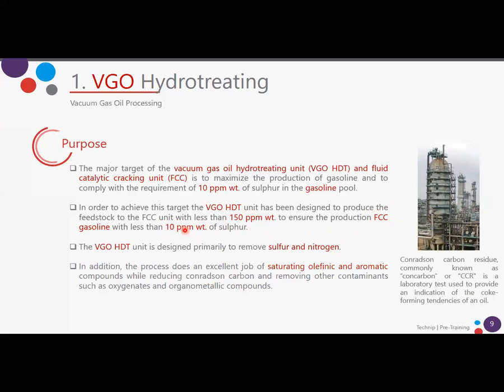So it can go to the gasoline pool without any problem. Okay, we will also remove nitrogen and we will saturate olefins and aromatics, and of course we will remove other contaminants. Okay, so this is the main purpose of the unit.